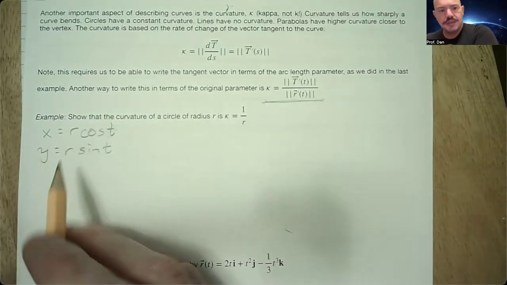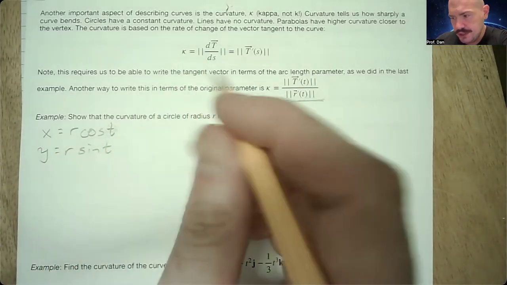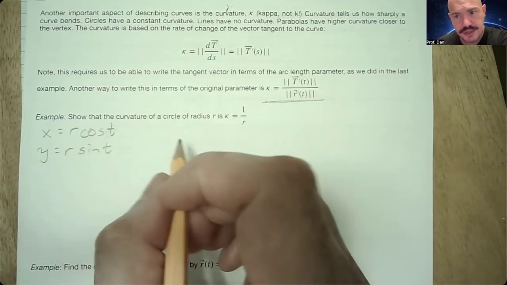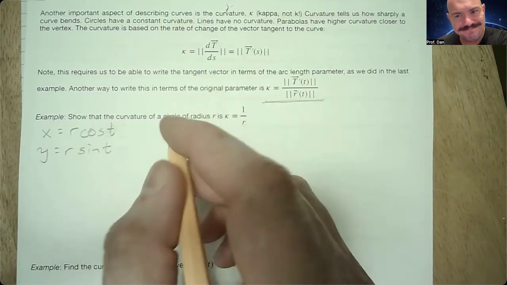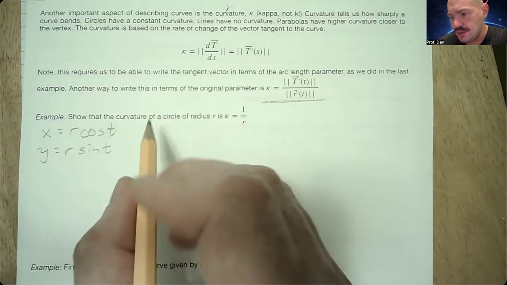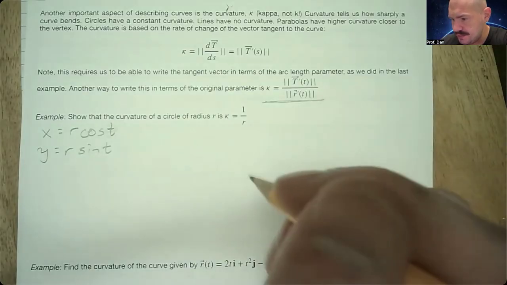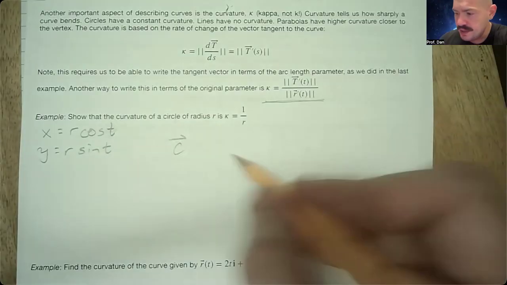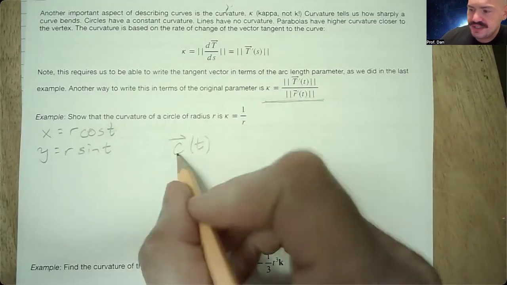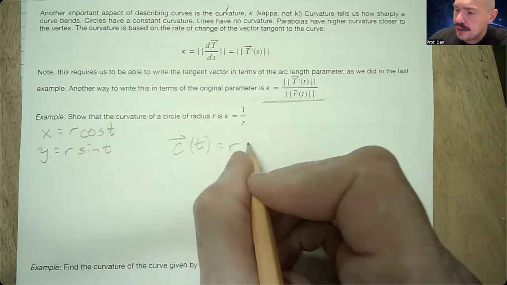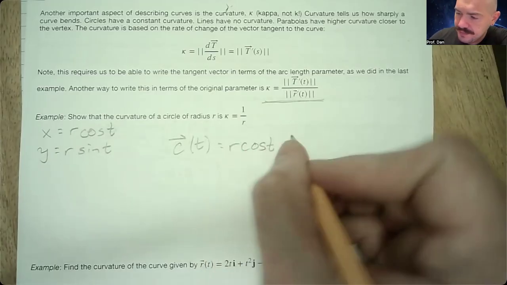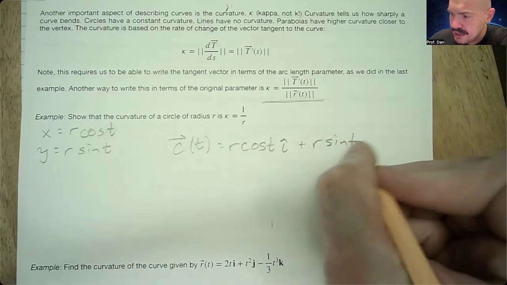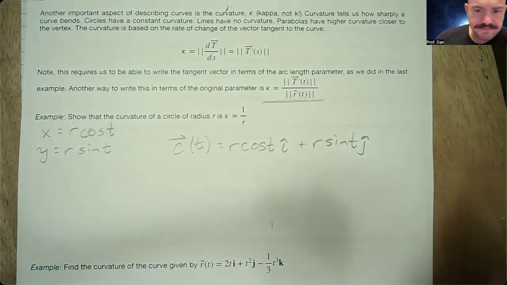So if I wrote that as a vector-valued function, to be consistent with the notation, we could use r, but that would be annoying. So we're just going to write, pick a letter, any letter, C, for circle. Our vector-valued function C would be r cosine of t i plus r sine of t j.